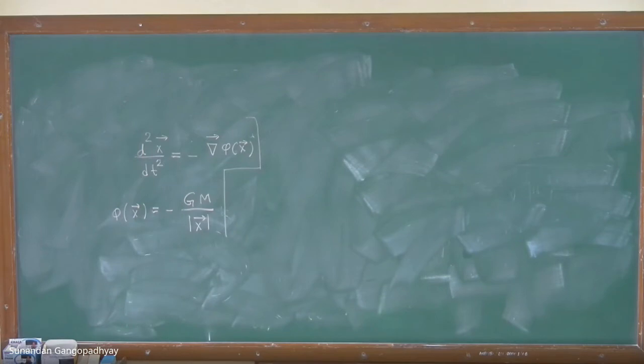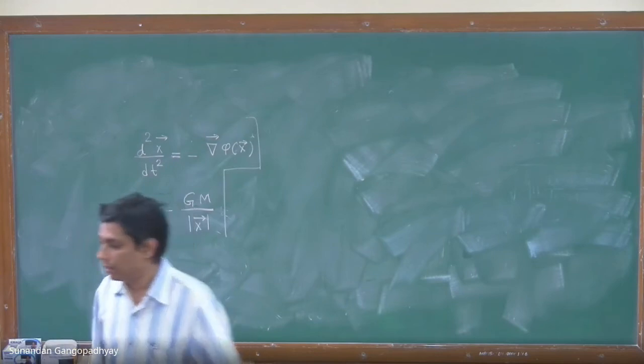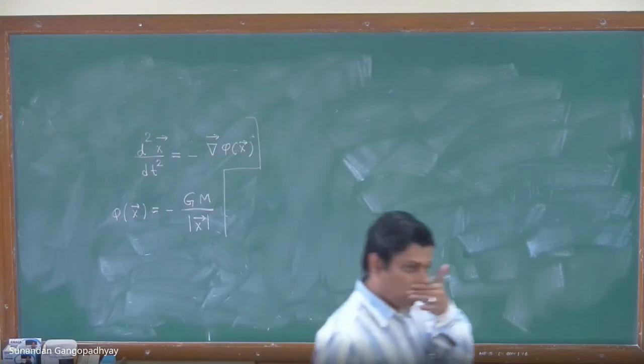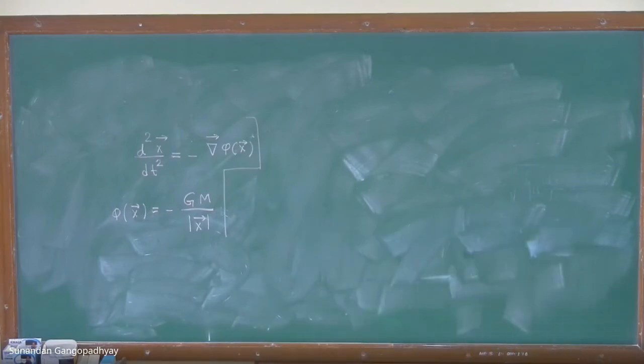So here you should just note it down. The assumption is that we assume the gravitational field to be weak and the metric changes very slightly from the Minkowski metric.